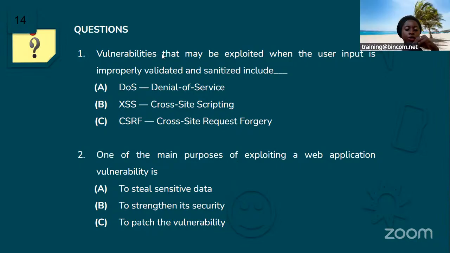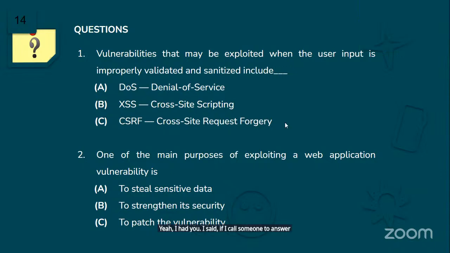Yeah, I heard you. I said you can call someone to answer. Please, Sophia, can you kindly answer? It says the vulnerability that may be exploited when inputs are improperly validated and sanitized include? Oh, Sophia is not available. James, can you please answer that?